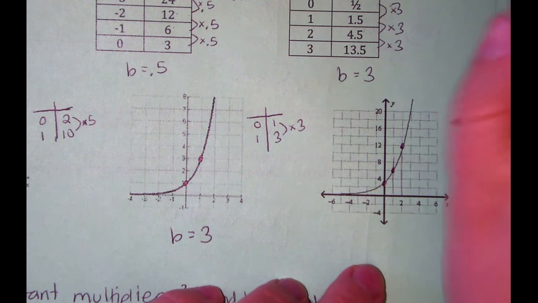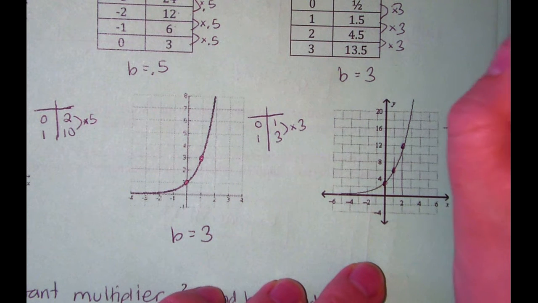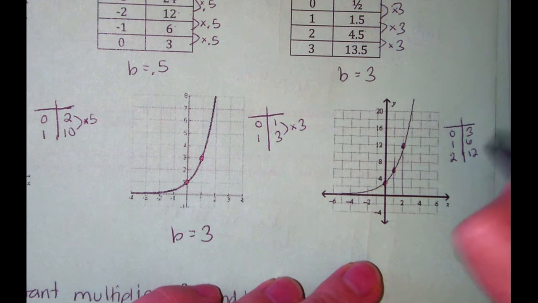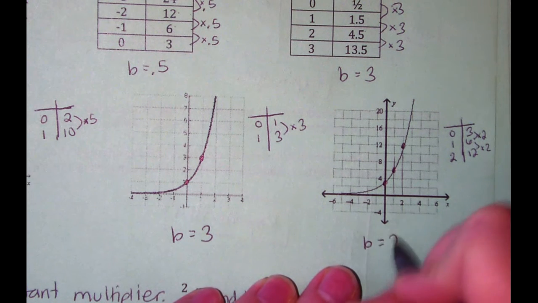So if I look at my table, I have 0, 3, 1, 6, 2, 12. So I'm going to do the one below divided by the one above, and 6 divided by 3 is 2, so a multiplier of 2. 12 divided by 6 is 2, so another multiplier of 2, so b is 2.